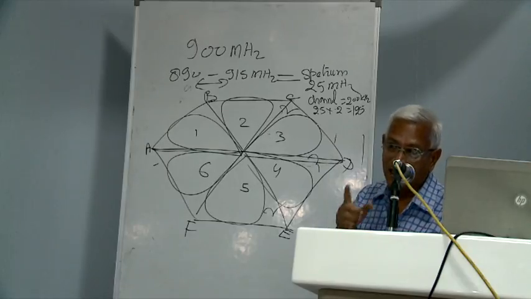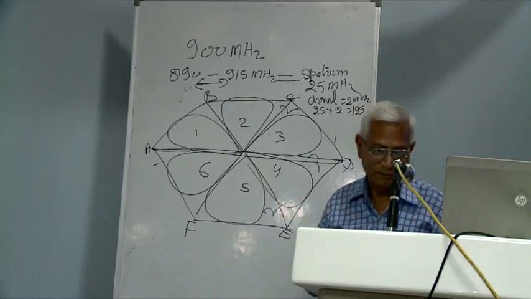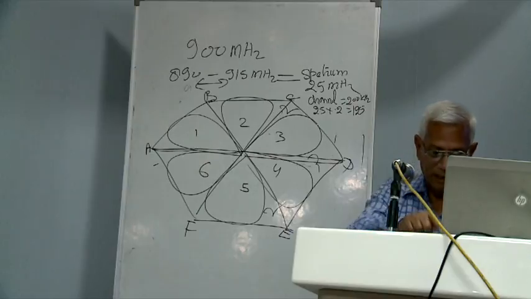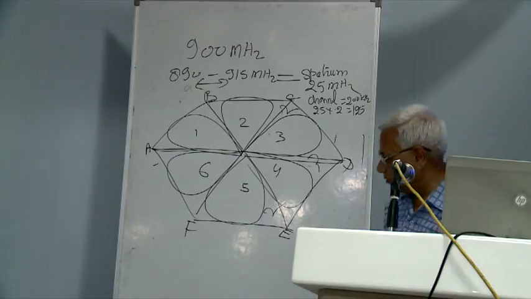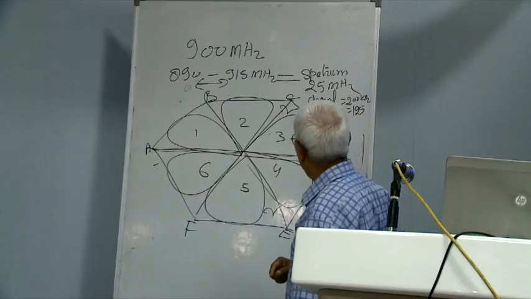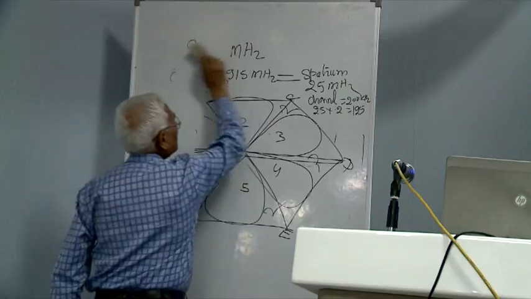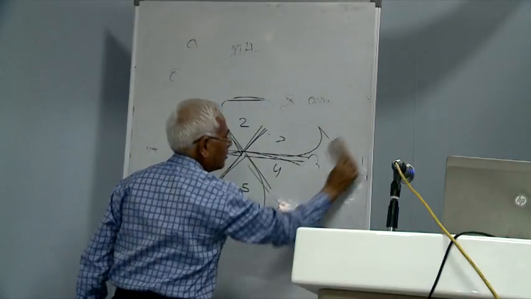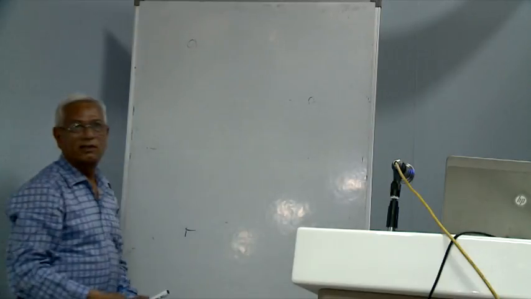And if any channel is common, they rotate the antenna. They do not keep the same thing. So the radiation pattern is rotated. So the signal is seeing the variation. If you go away from the transmitter, signal strength decreases.